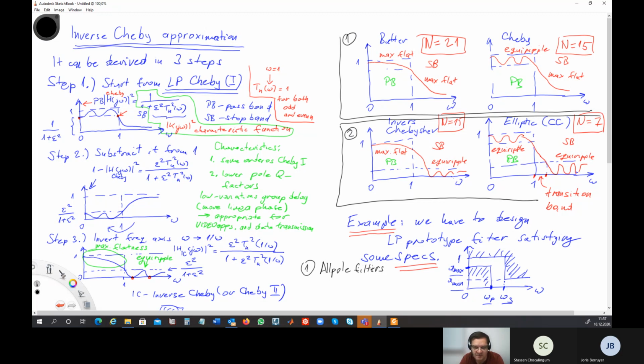What does all-pole filters mean? All-pole filters have zeros somewhere at 0 or at infinity, but they don't have zeros that are lower than infinity. So zeros are at 0 and infinity only. That means these are the most simple filters, Butterworth and Chebyshev, and we don't have some circuitry to realize zeros.